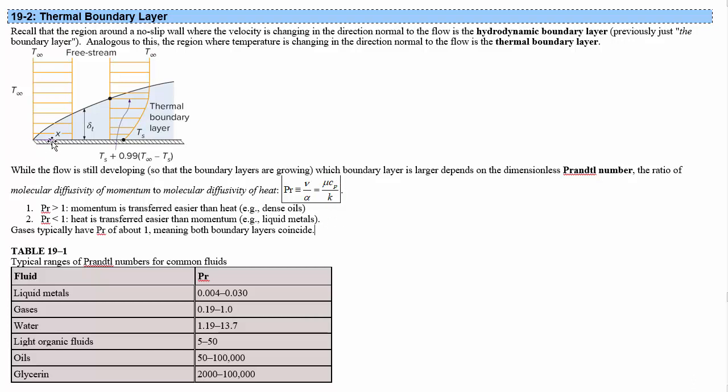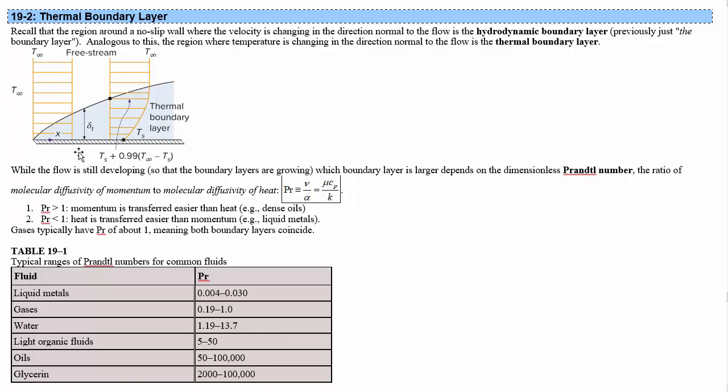So for this construction, where you've got fluid coming in at a free stream temperature and hitting this plate here, a high Prandtl number would mean that the temperature doesn't transfer that quickly away from the plate.